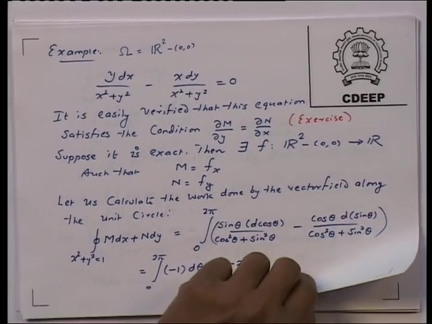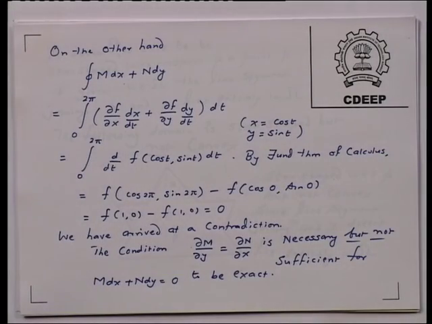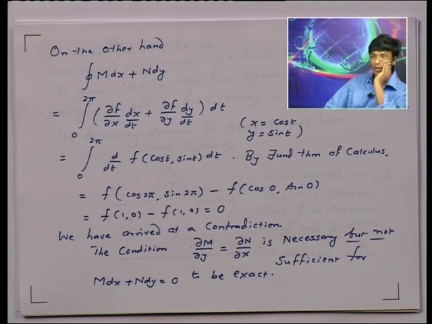Shall we proceed? Okay. So let us now calculate, on the other hand, the integral of m dx plus n dy using the potential. Now you are telling me that m is del f by del x and n is del f by del y, correct? That is what you are telling me. And you are parameterizing the curve, right?